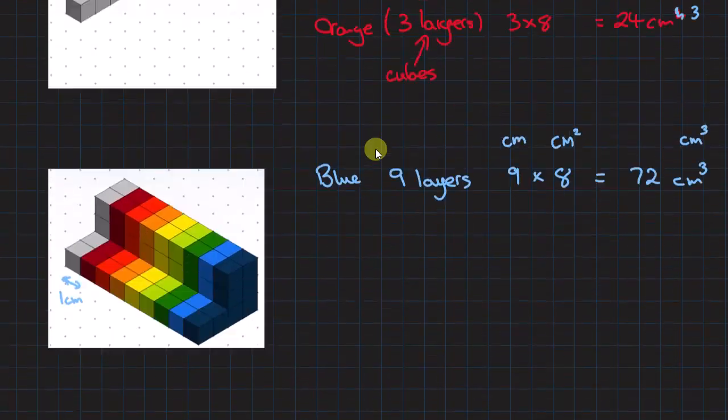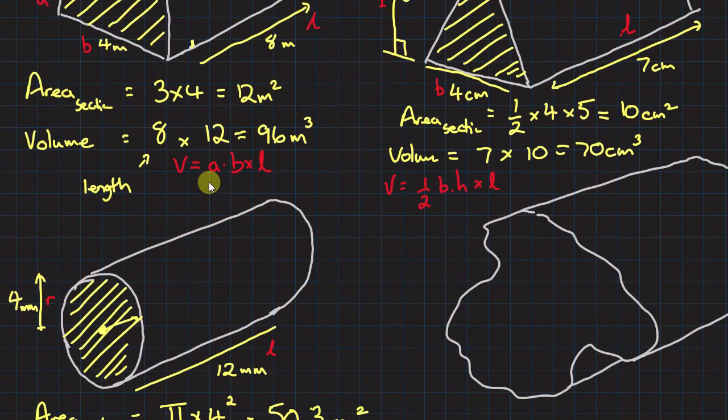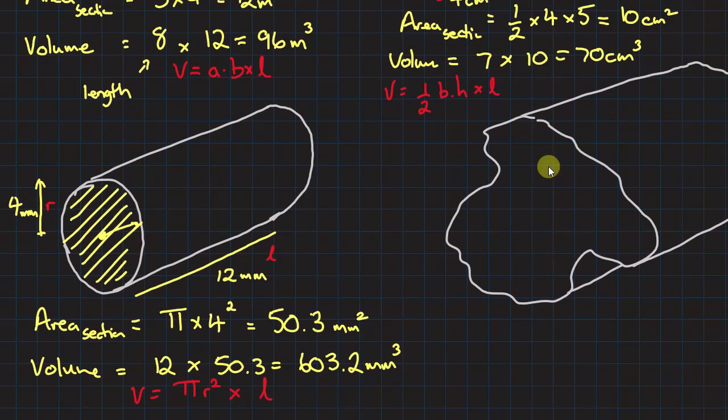You have this funny section going backwards. As long as you can calculate the area on the end, you know the cross-sectional area. So it doesn't matter what the shape is. If I know this cross-sectional area, and I know how long something is, I can always calculate its volume.